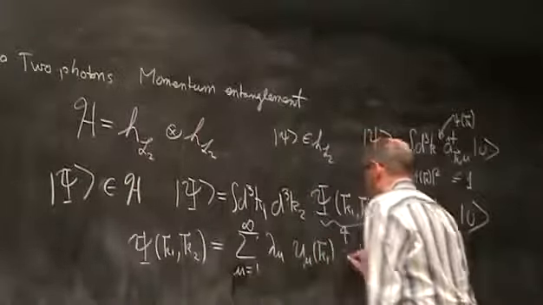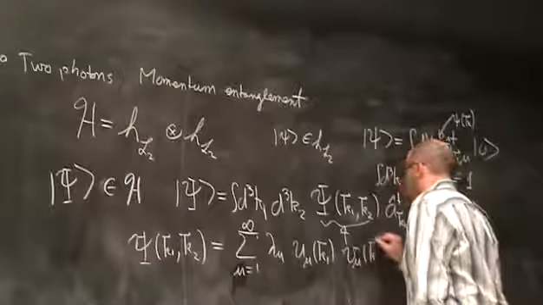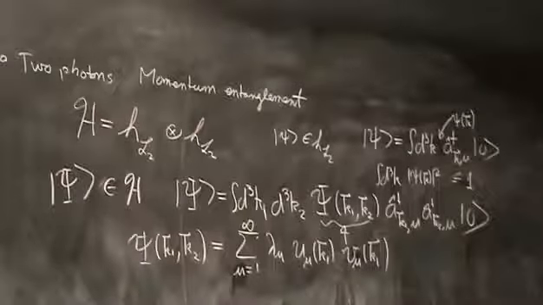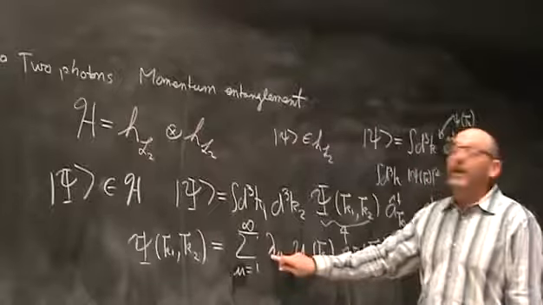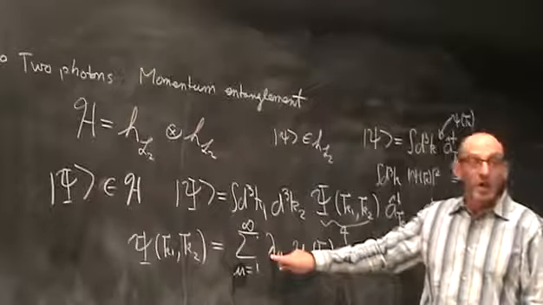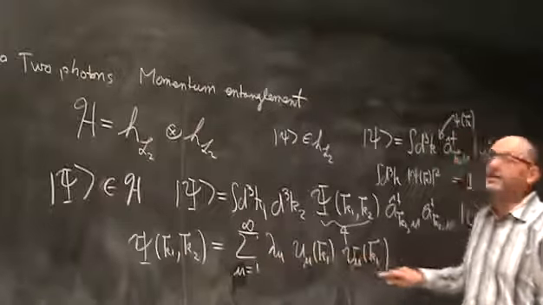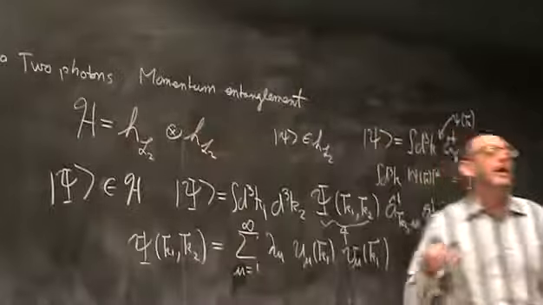Generally it would go to infinity, but maybe there's only a finite number of non-zero Schmidt coefficients in this decomposition, and that would say there's a finite amount of entanglement.